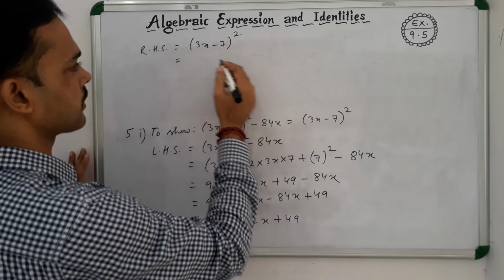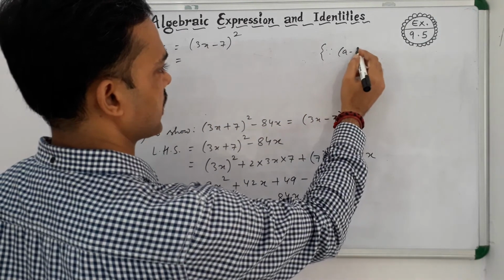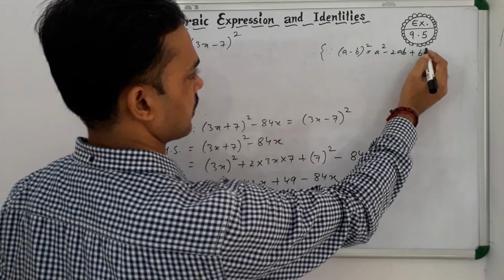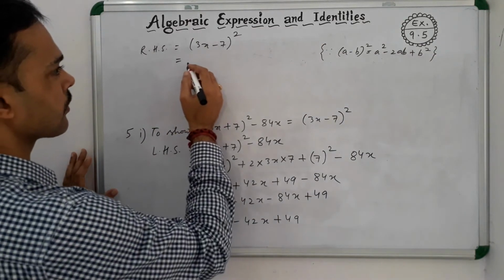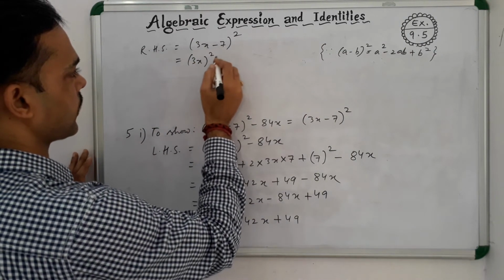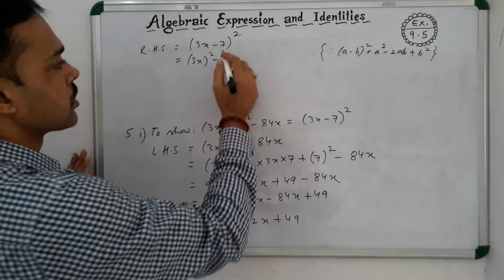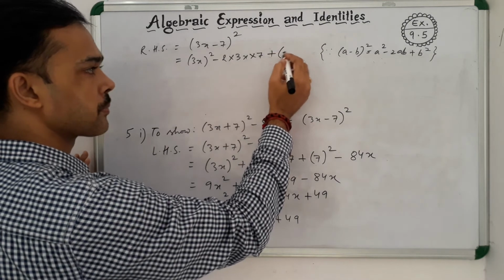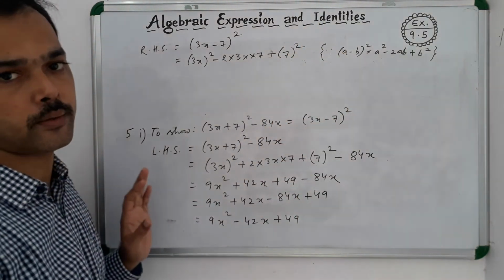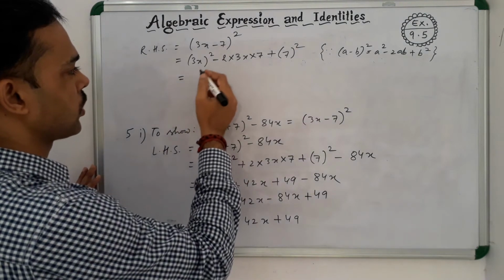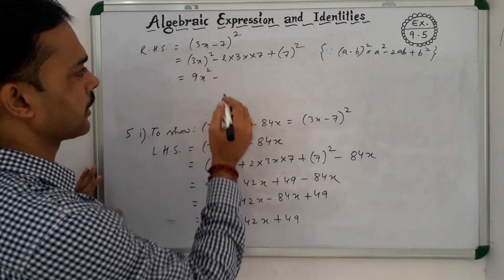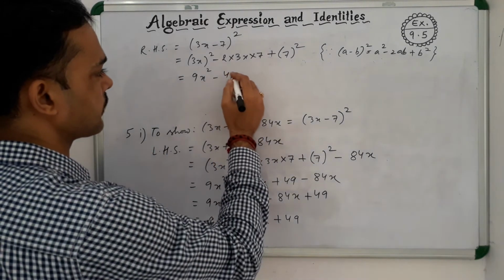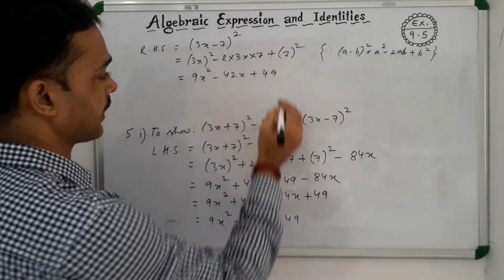You people know that (a minus b) whole square equals a square minus 2ab plus b square, which means that this will be (3x) whole square minus 2 into 3x into 7 plus 7 square. (3x) whole square is 9x square, minus 7 into 3 is 21, 21 into 2 is 42, so minus 42x plus 49.